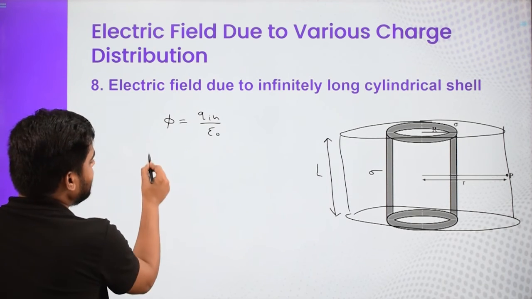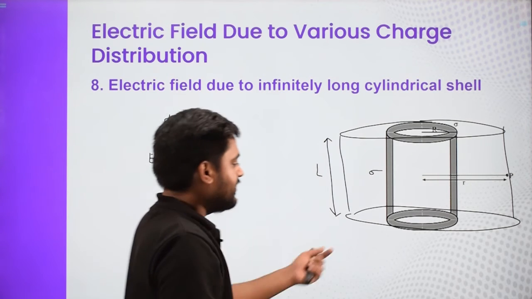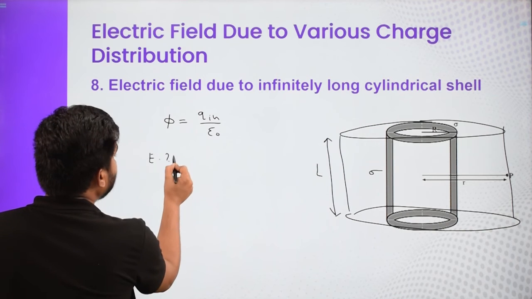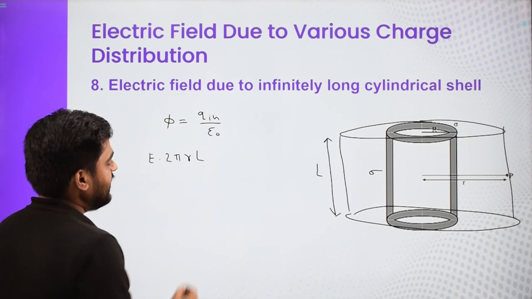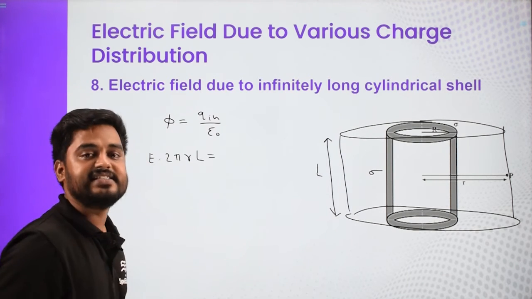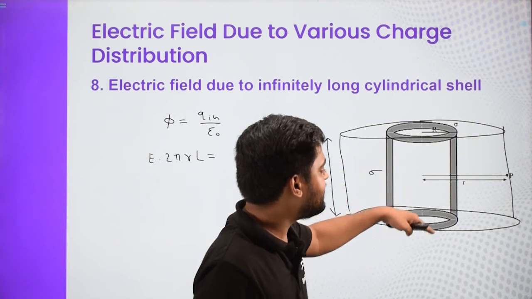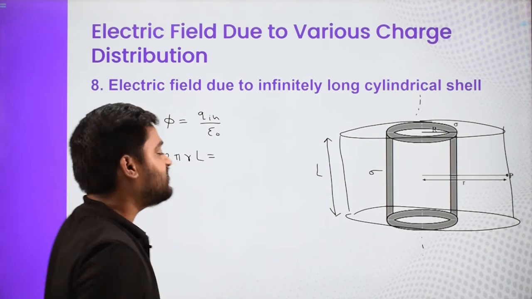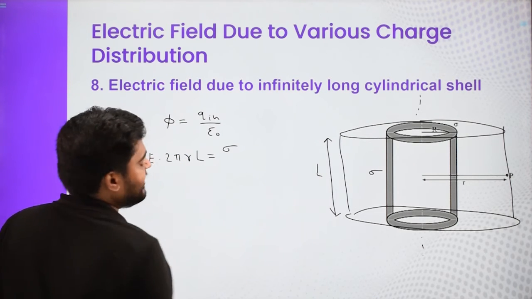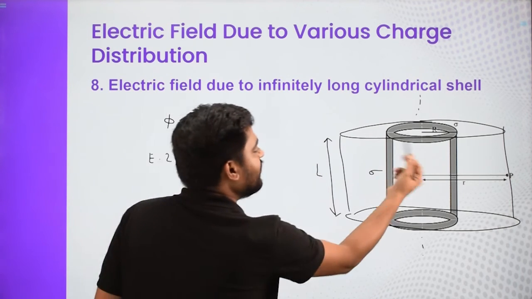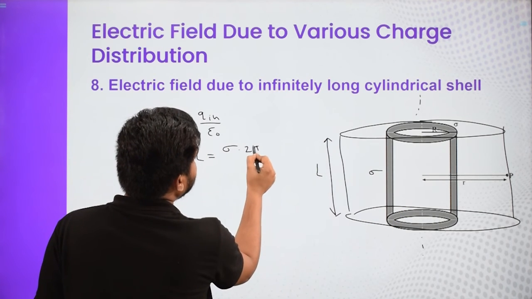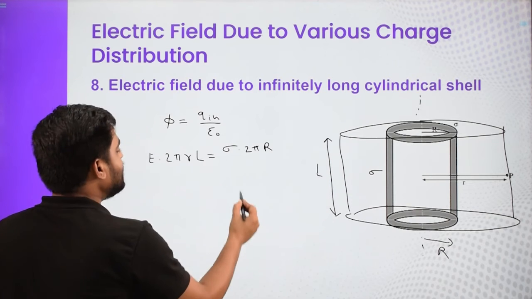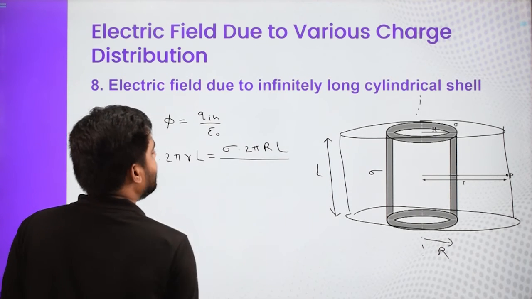So what is the flux? Again E into the surface area of our Gaussian surface, that is 2 pi r L, is equal to the charge which is lying inside. Whatever is the charge on this cylindrical shell is the charge which is inside, and that charge is nothing but surface charge density sigma into the area, which is 2 pi R, where capital R is the radius of that cylindrical shell, into L, divided by epsilon naught.